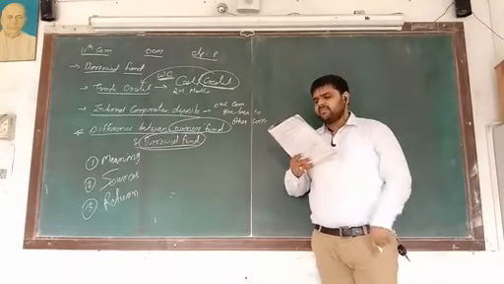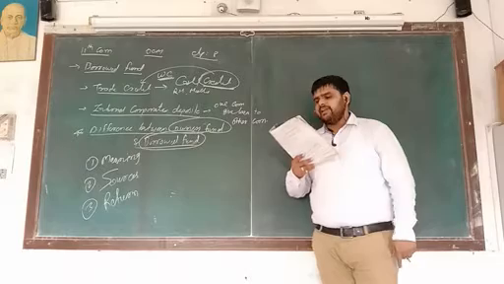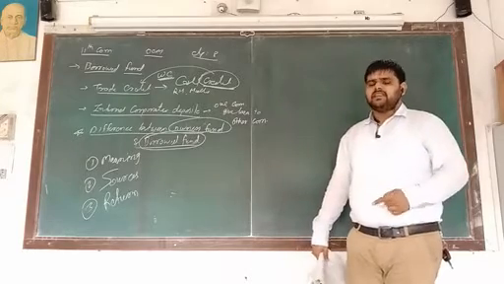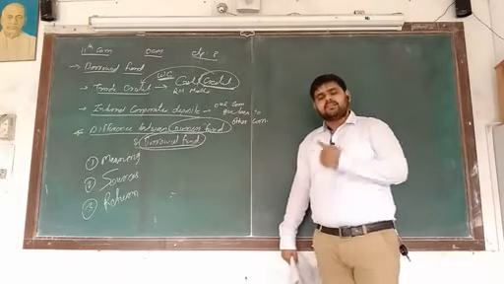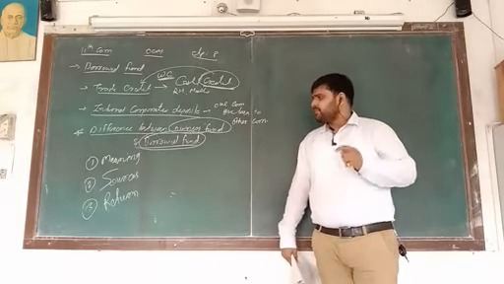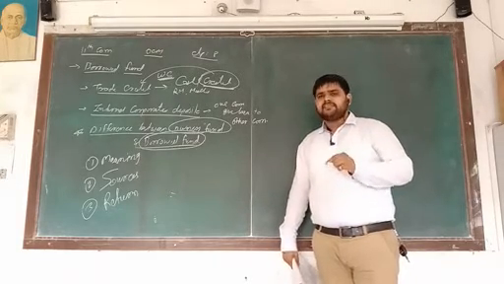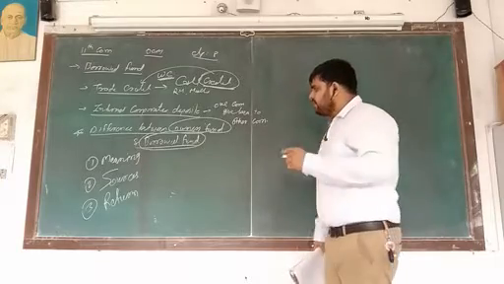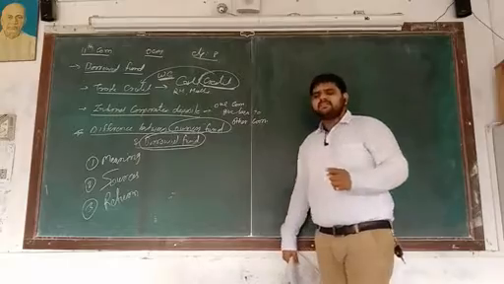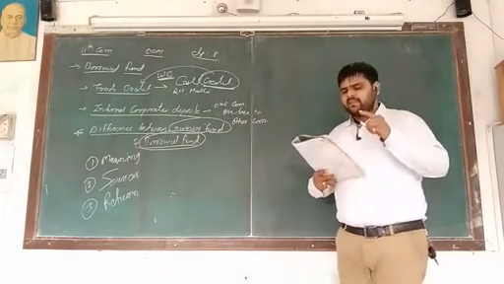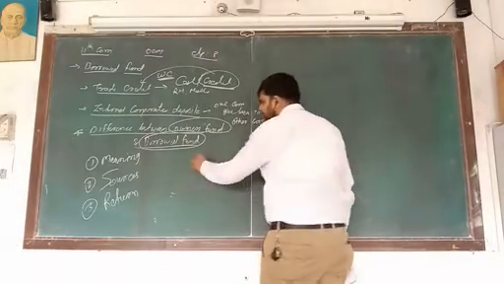The return is interest at a fixed rate: debenture, fixed rate; bank loan, fixed rate; loan from institutions, fixed rate. So in return, owner's fund gives dividend, and borrowed fund gives interest.